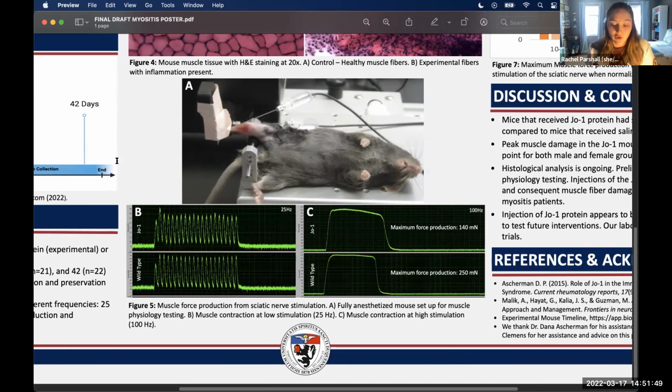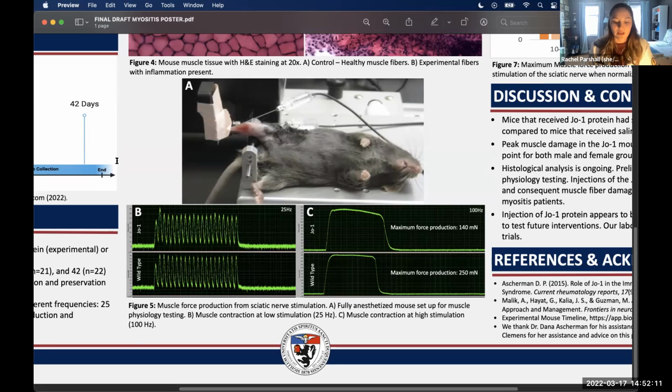The smooth hump in the graph shows that a tetanic or maximal contraction was reached at this frequency. And I also noted in the poster that the mice that received the Jo1 protein had a much lower force as compared to the wild type mice, 140 millinewtons versus 250 millinewtons.